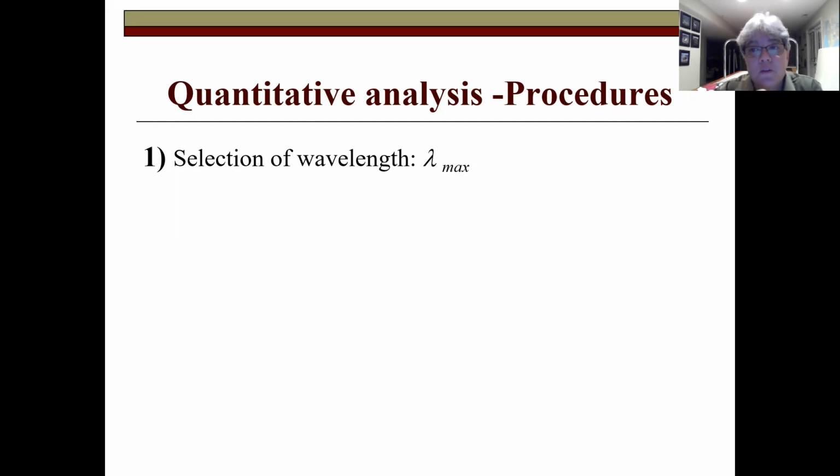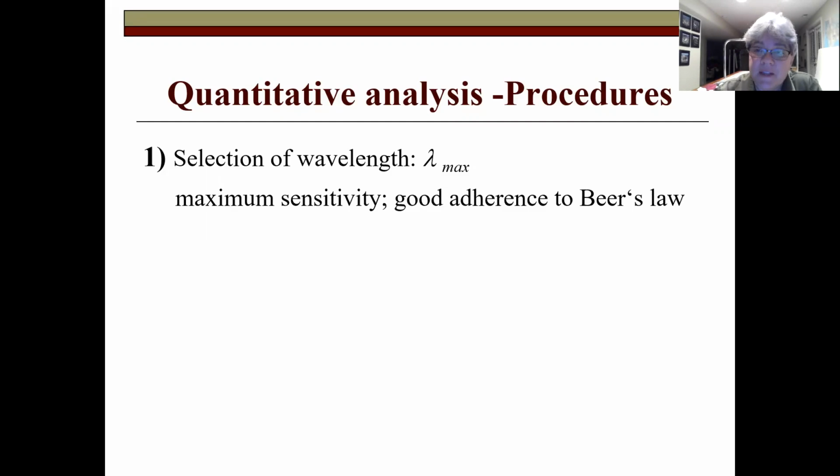What are 2 reasons we always use lambda max? They are maximum sensitivity or maximum signal, and good adherence to Beer's law. So you need to know why we always choose lambda max.